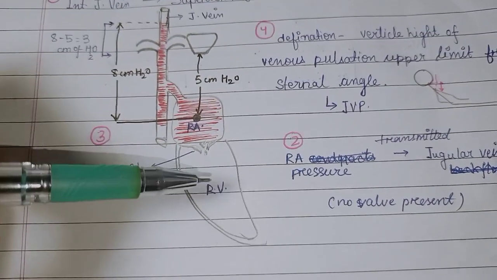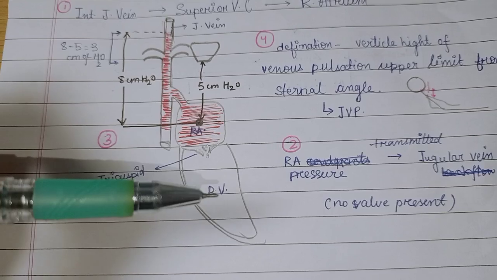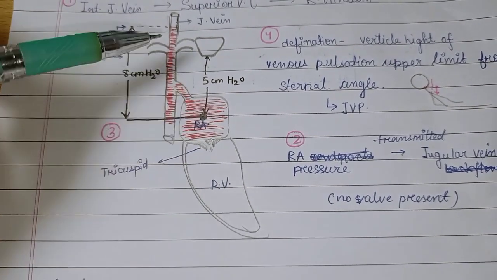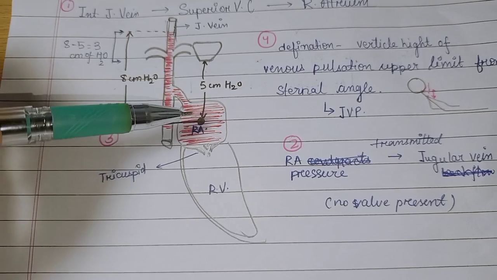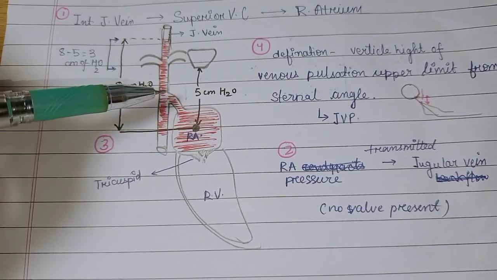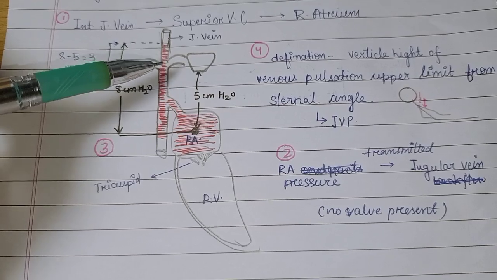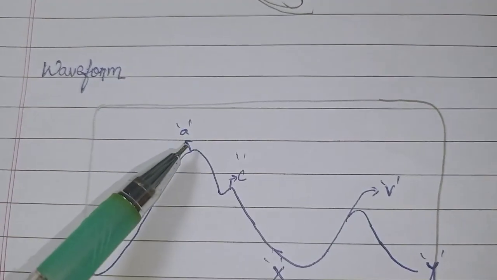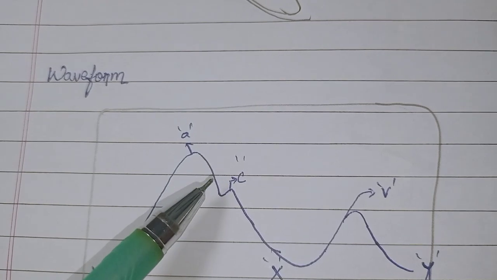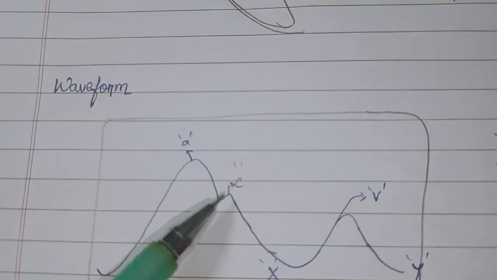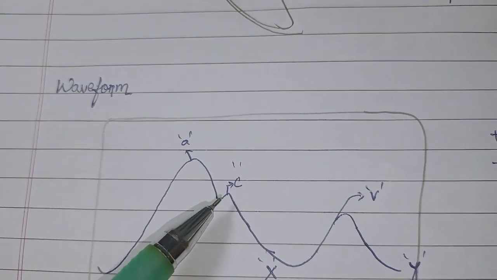When the right ventricle contracts, blood level will move downward. As the blood flows like this, blood will come down and hence this level will decrease. So after the A wave there is a decrease. But this C is again upward.